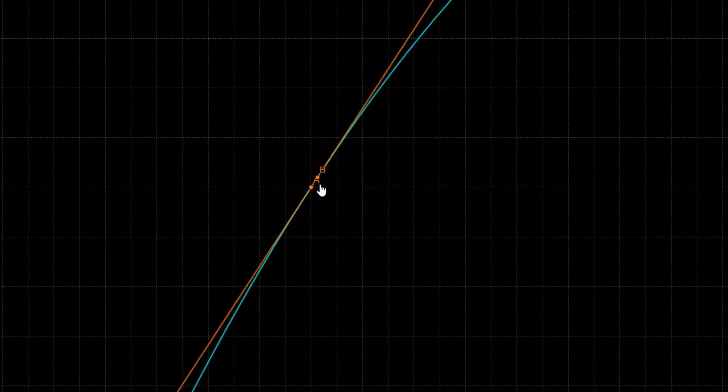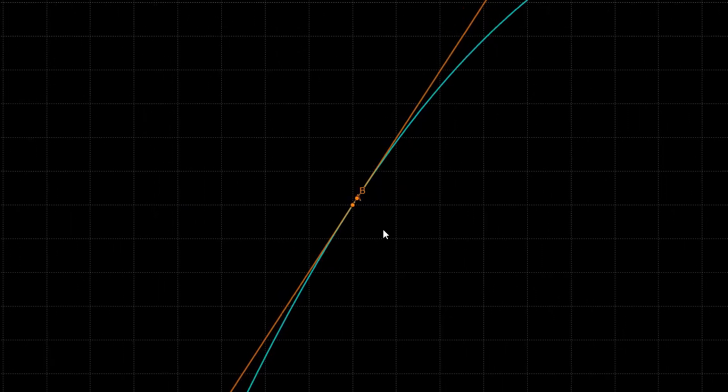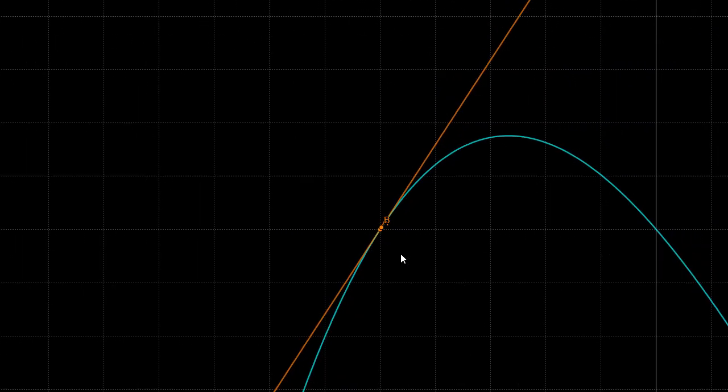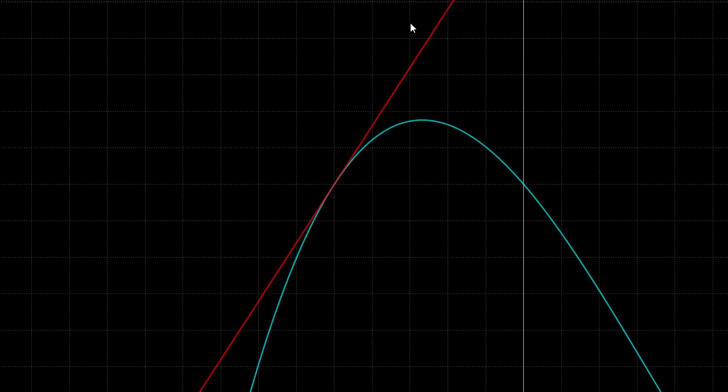Right, that's essentially what's happening here. We get closer and closer to this line here, which is the tangent line.